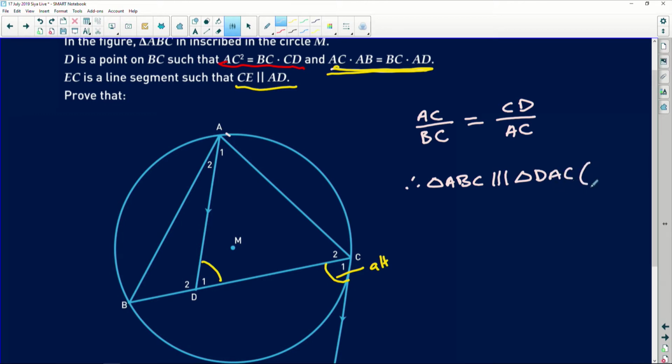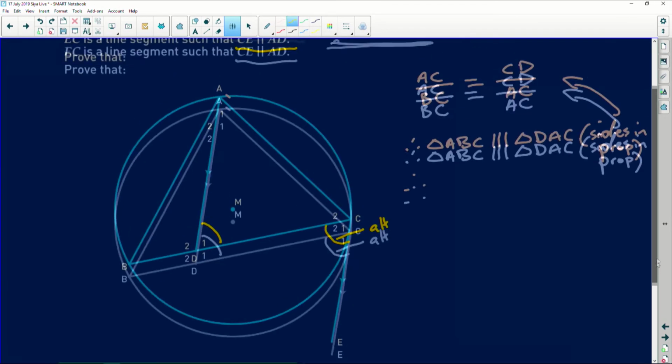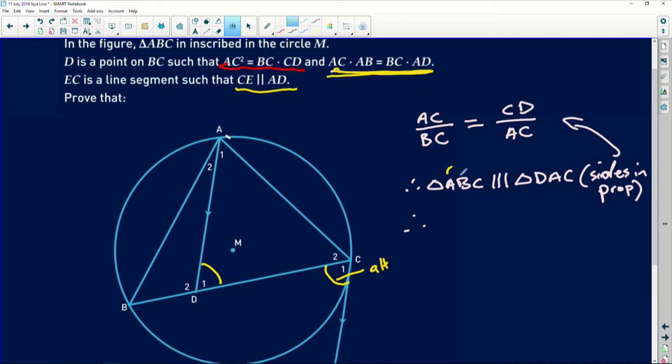And then remember my reason for this will be sides in proportion, which is what we have up there. Therefore, if I want the ratio that they want me to get, remember they want me to have AB and AC. So I have AB there, which will go with DA, and then I will also have AC there, which will also go with DC, or CD rather.